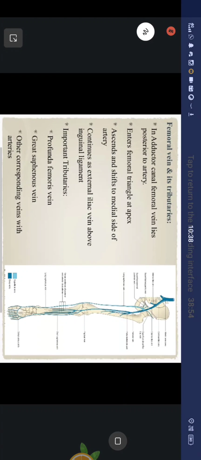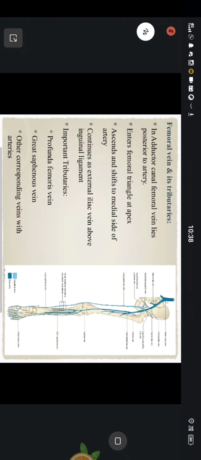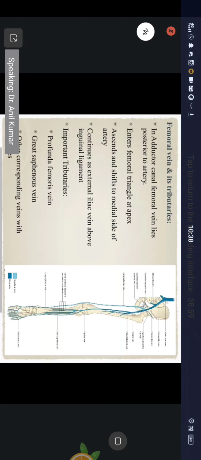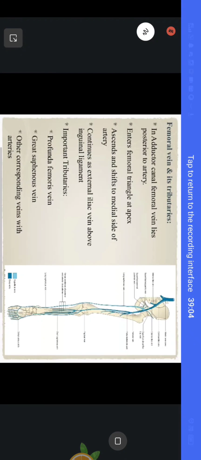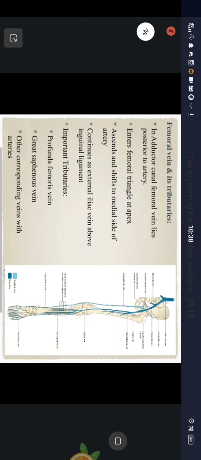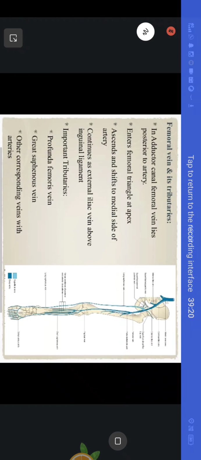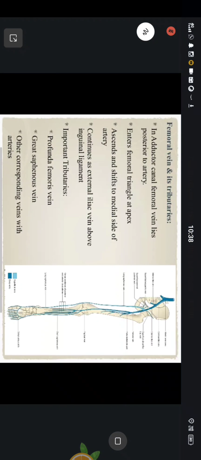Now coming to the next one, femoral vein. This femoral vein enters the femoral triangle from the apex of the triangle and ascends upwards, and it shifts to the medial side of the artery and continues as the external iliac vein above the inguinal ligament.